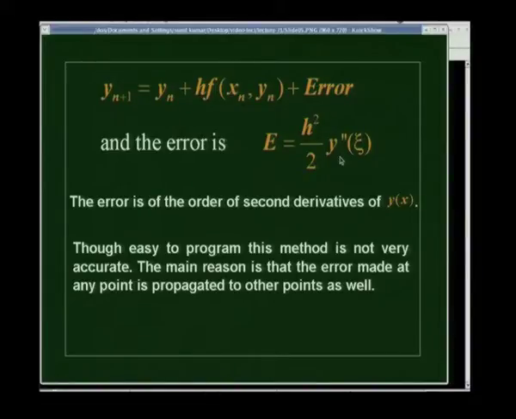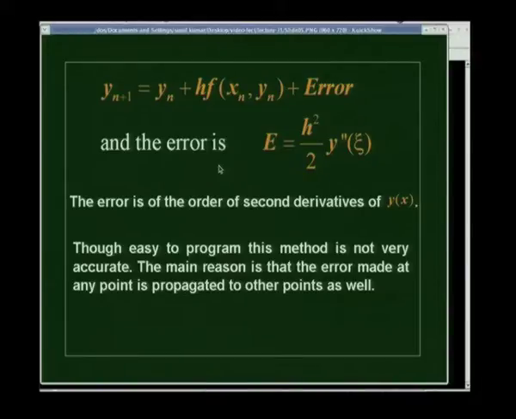As you can see, this is extremely easy to program, but not quite accurate. We would need to use extremely small intervals of h to get accurate results using this particular method.